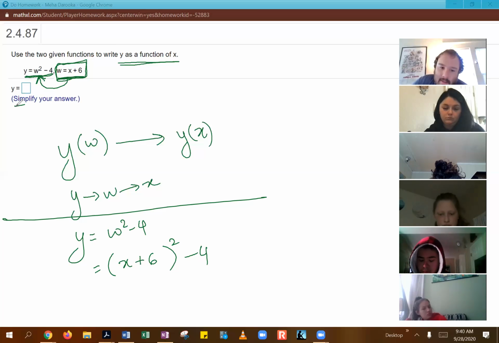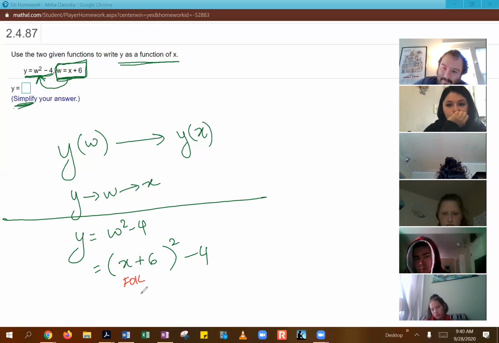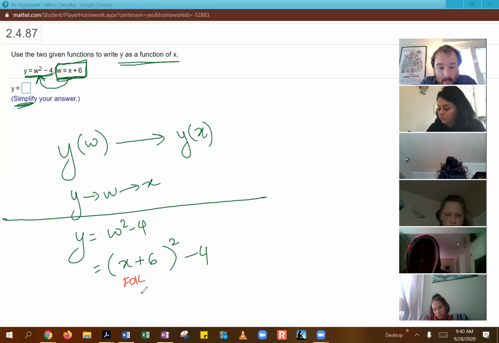And they are asking us to simplify our answer. So you do want to go ahead and FOIL that x plus 6 squared and then bring in the negative 4. So let me see what you get when you try and simplify this. So have your answers ready. Don't send it in just yet. I want to give everybody a chance to get their answer ready. So have it ready, get it ready to type.